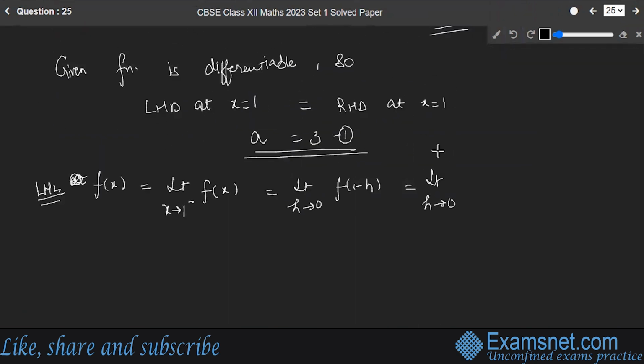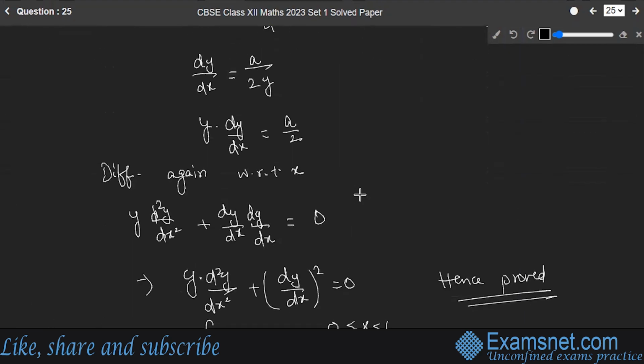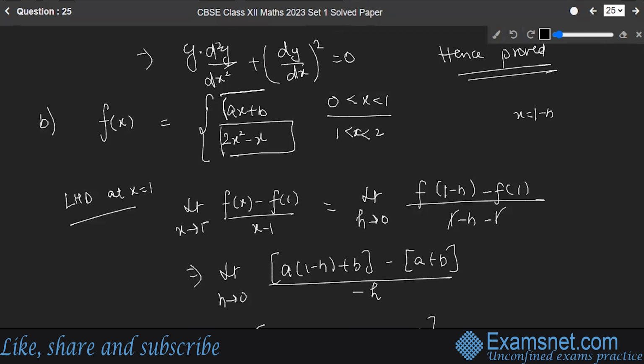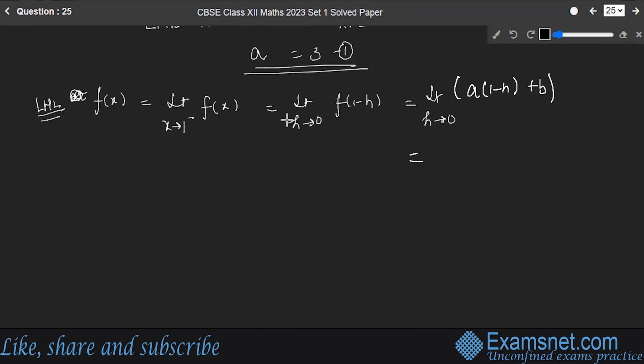Limit h approaching 0. For 1 minus h, I'll be considering the function ax plus b, and for 1 plus h, I will be considering 2x square minus x. So this is a into 1 minus h plus b.